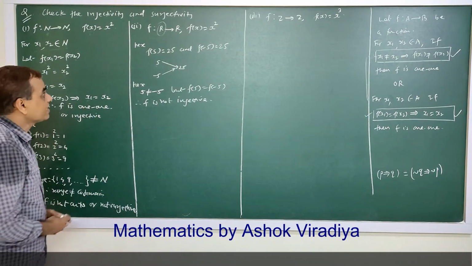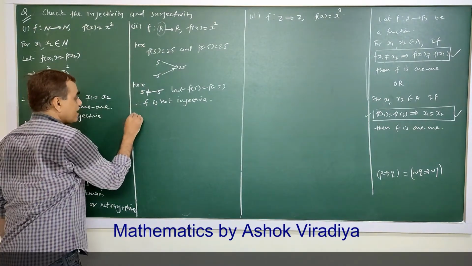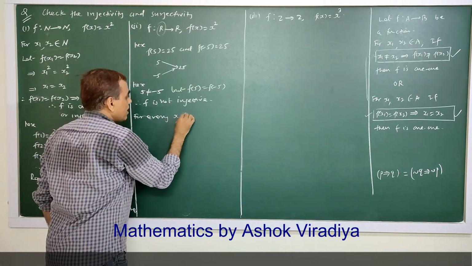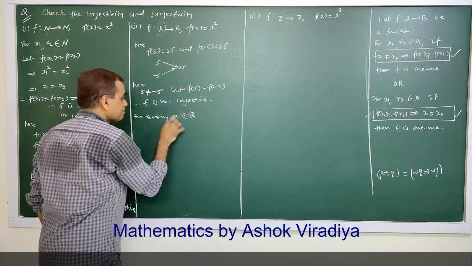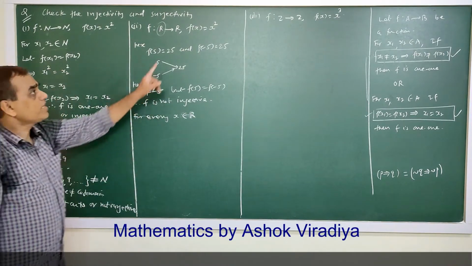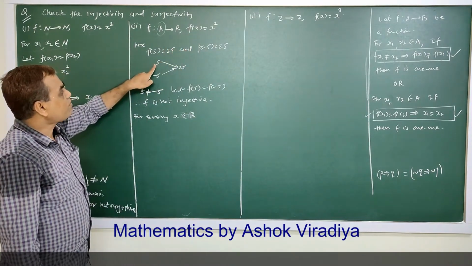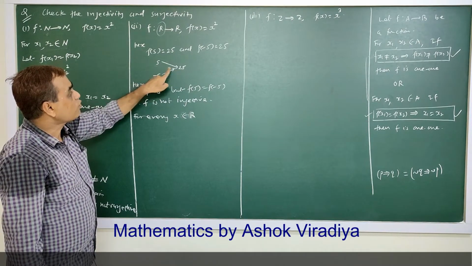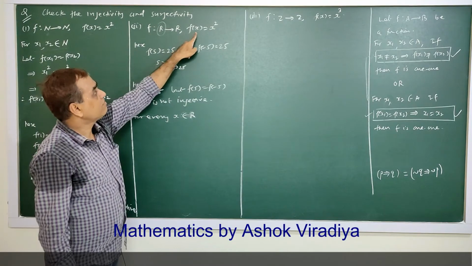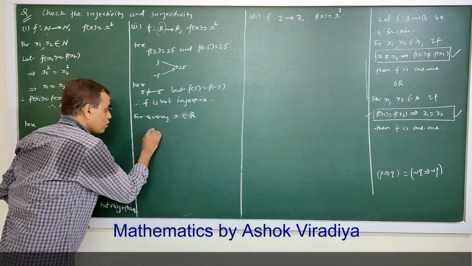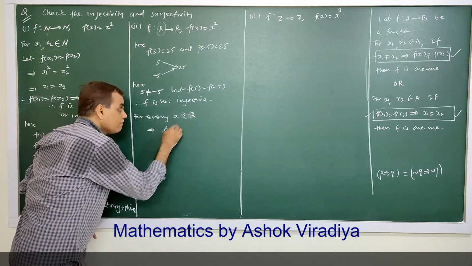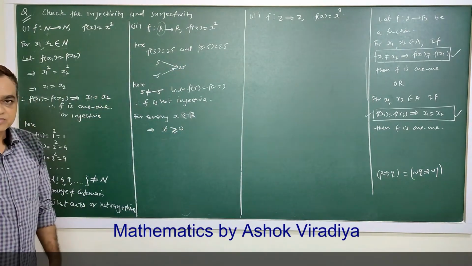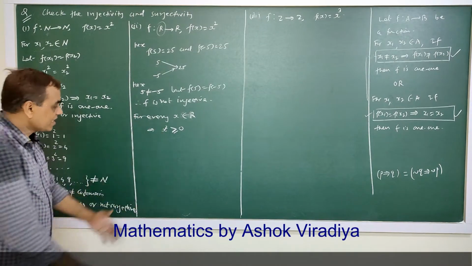So see, this is the way. Here, for every x belonging to R, if x is any real number, put here any real, whether it is positive or negative. This will be square of this number. Function calculates square. So a square is always positive, always greater than or equal to 0.